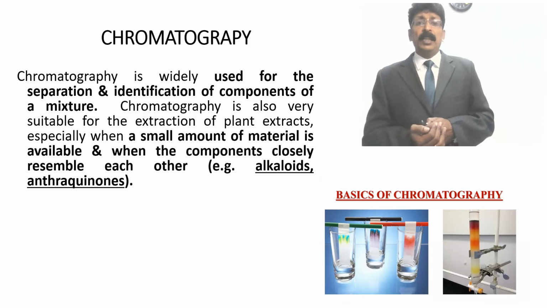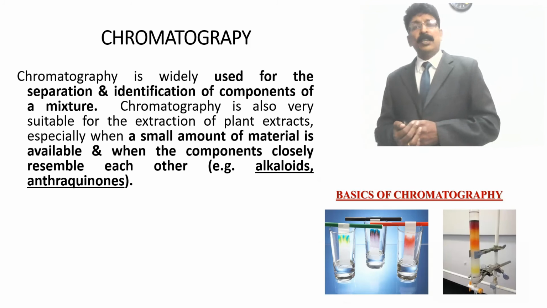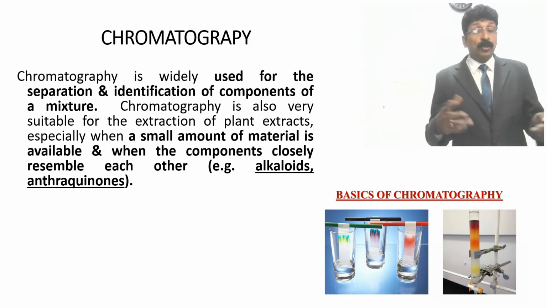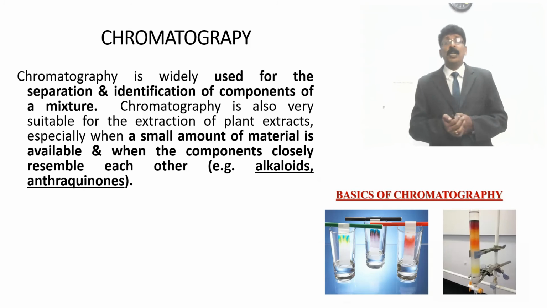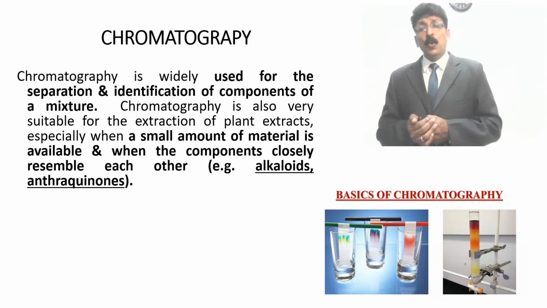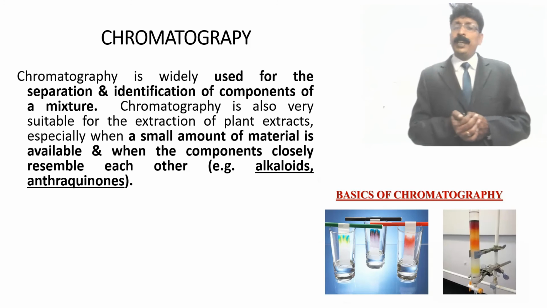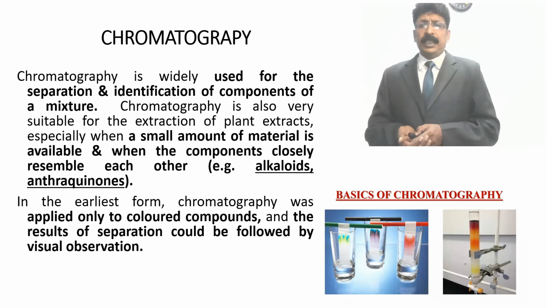And when the components are very close compounds, for example alkaloids and anthraquinone glycosides, or compounds with phenol groups, double bonds, or similar ring structures, they can also be easily separated and identified. Alkaloids and anthraquinones are examples of compounds separated by these chromatographic techniques.